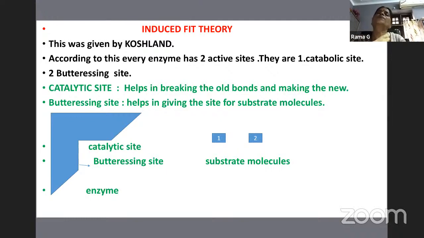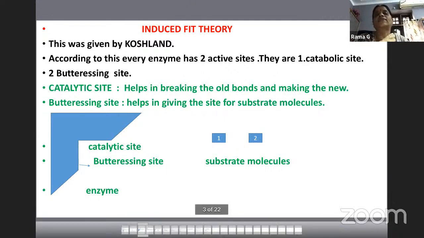Those two sites are the catalytic site and the buttressing site. The catalytic site, by undergoing conformational changes, completes the reaction. And the buttressing site helps in giving the site for substrate molecules.